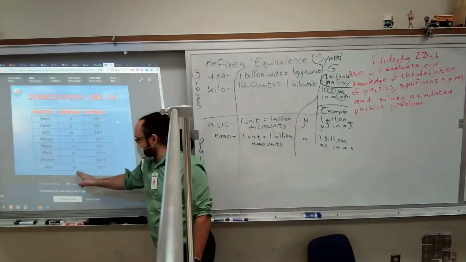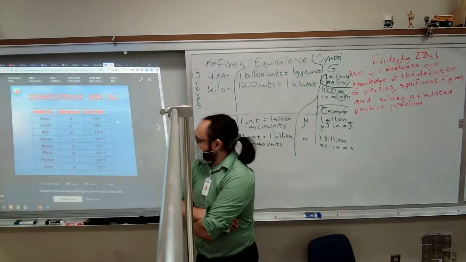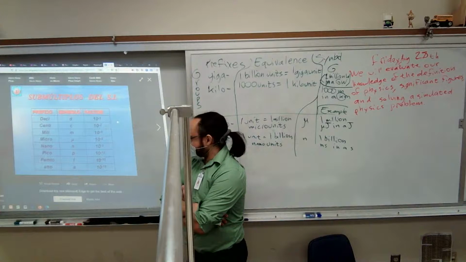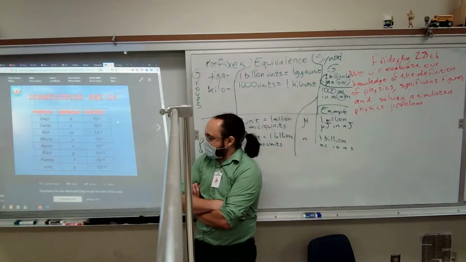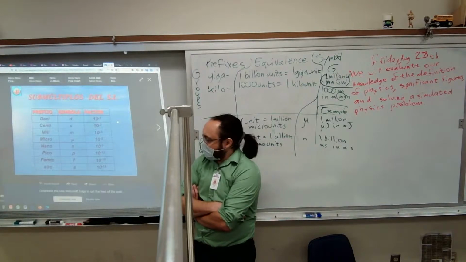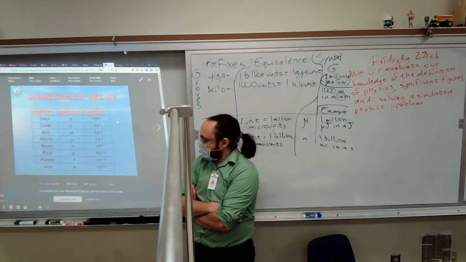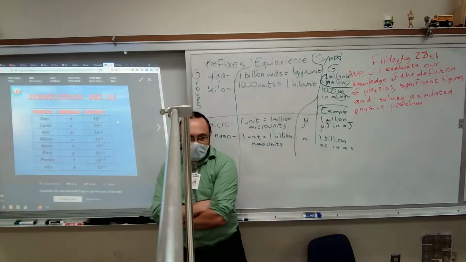Unfortunately, they just have regular lowercase p, lowercase f, lowercase a on them. Yeah, very small. Oh, and I think after atto is yocto or something like that. 10 to the negative 21. And there's more. There's more.